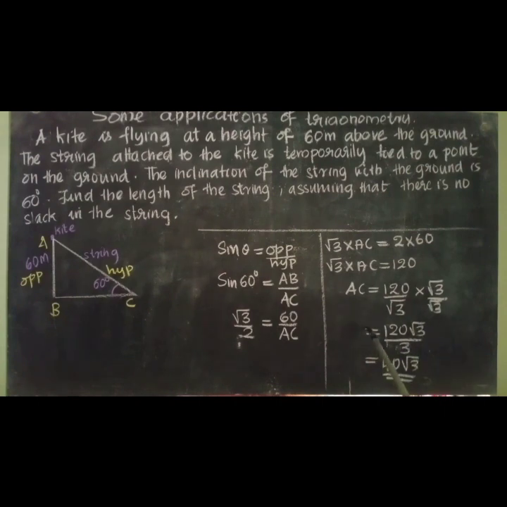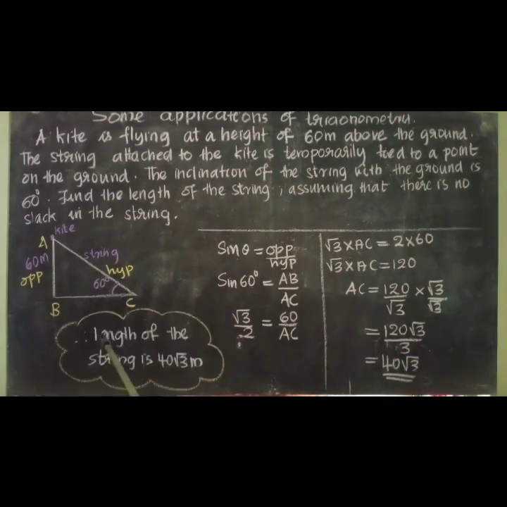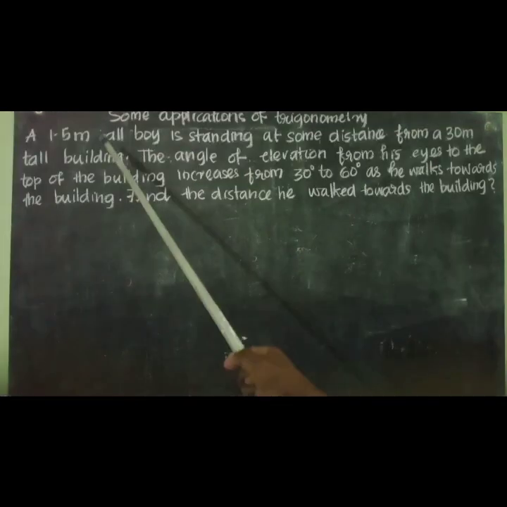So we get 120 root 3 by 3. Now let us cancel this 120 and 3. We get 40 root 3. So we can conclude length of the string is 40 root 3 meter.